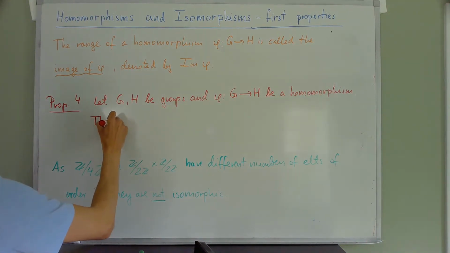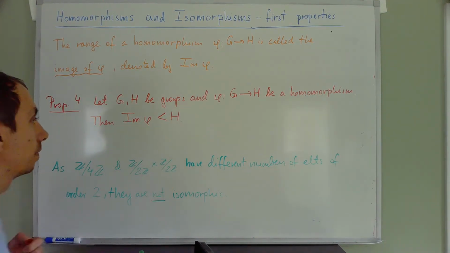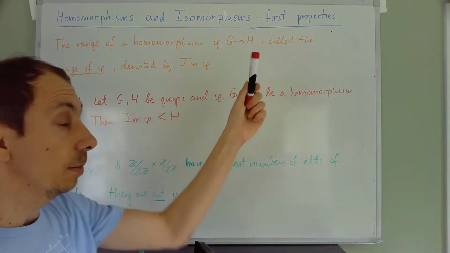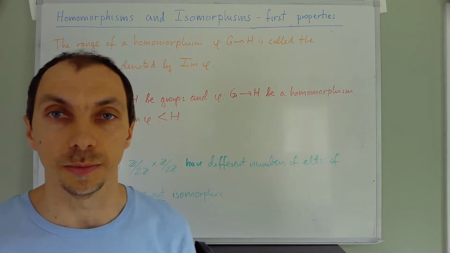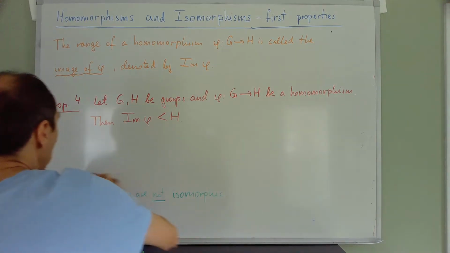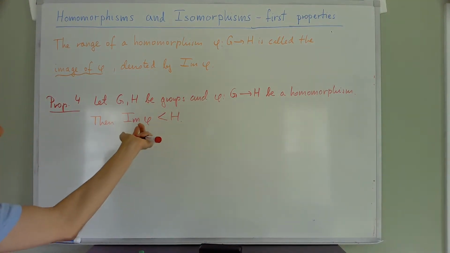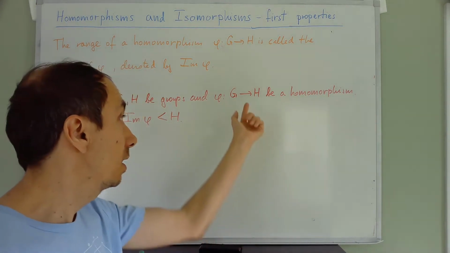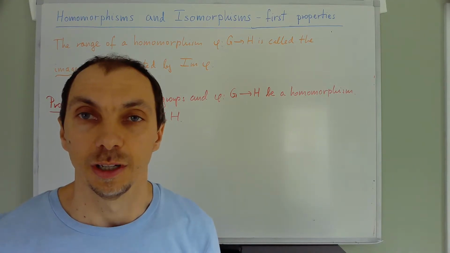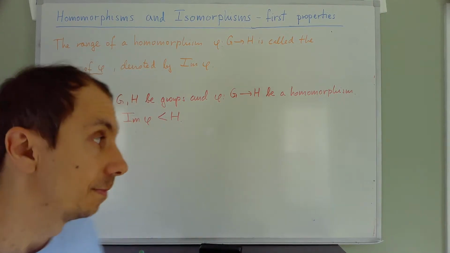Then the image of phi is a subgroup of H. Of course, the range of a homomorphism is a subset of H. I want you to prove that it's a subgroup, so that it is actually a group. Remember, what that means is to show that given any two elements in the image, if I multiply them as elements of H, I get an element in the image. The identity is in the image. And given any element in the image, its inverse is also in the image.